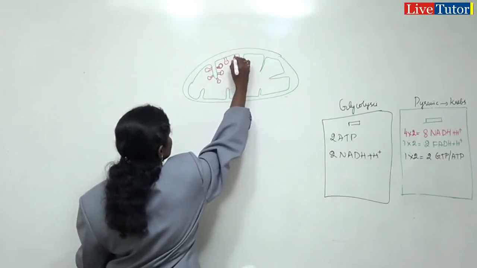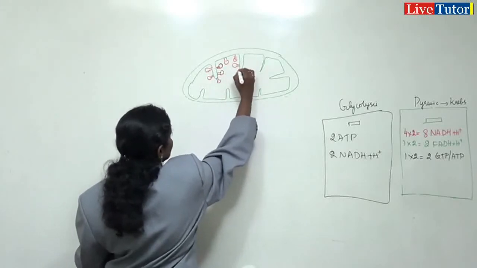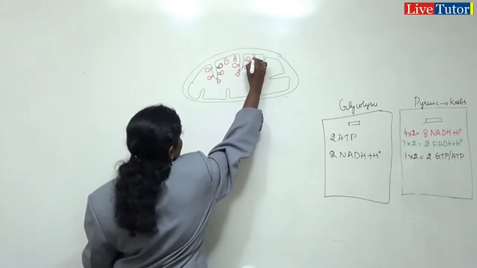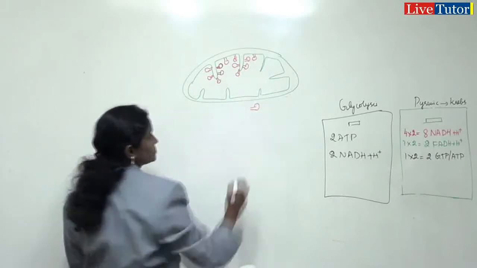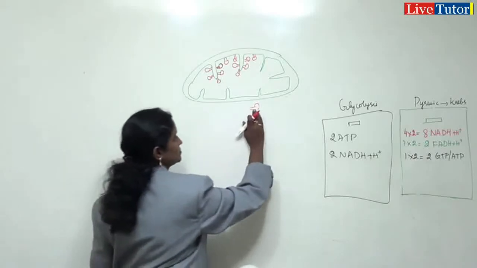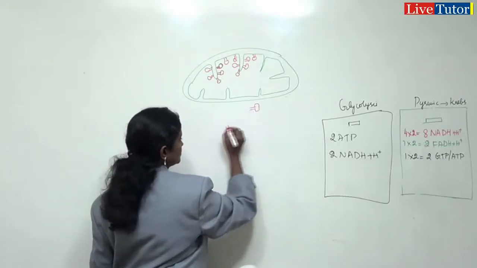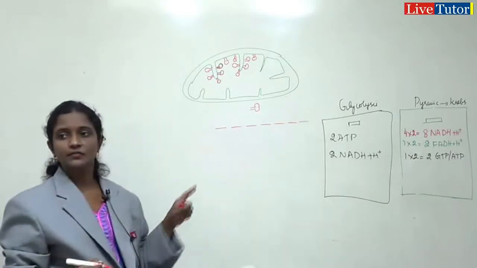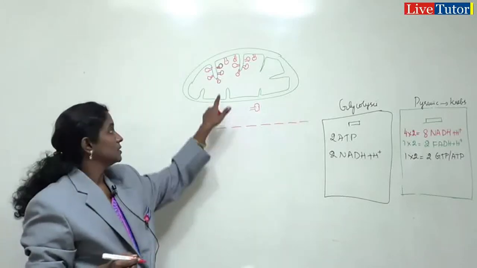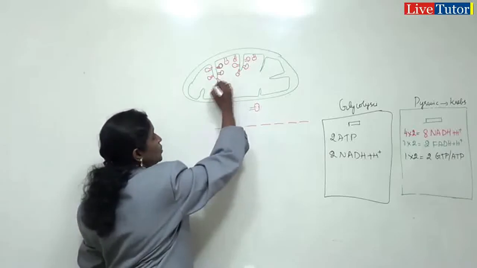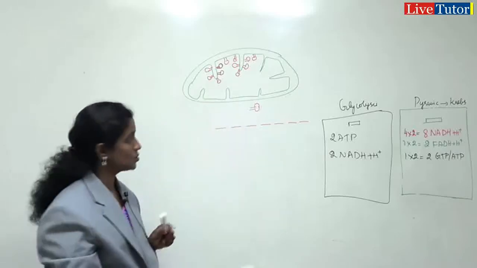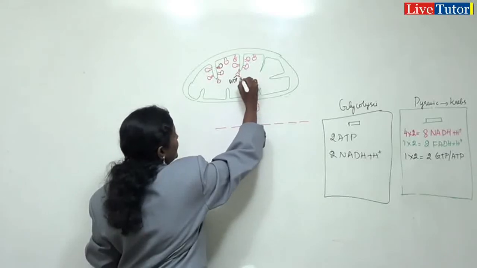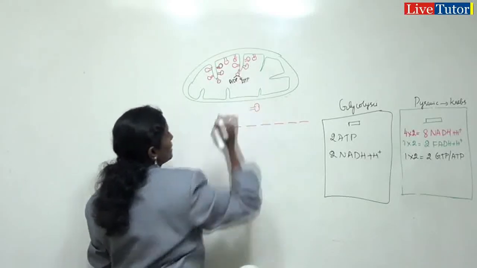They are placed equidistant. What is this we are talking about? This is where ADP is going to get converted to ATP. I said the ADP gets converted to ATP only in the inner membrane of mitochondria.